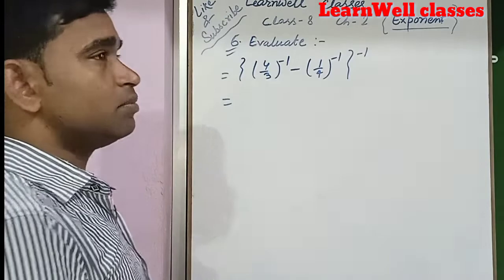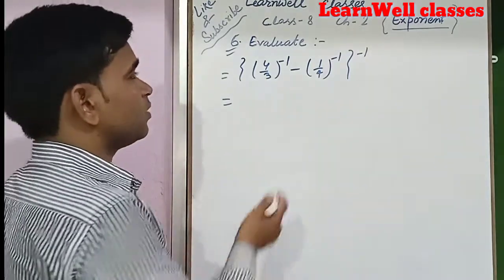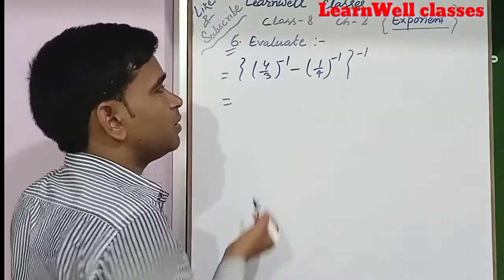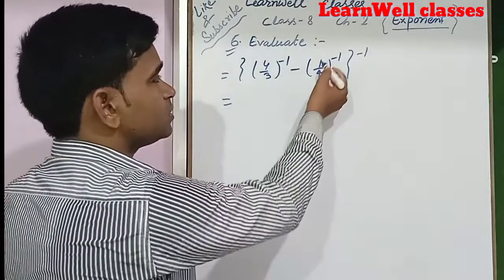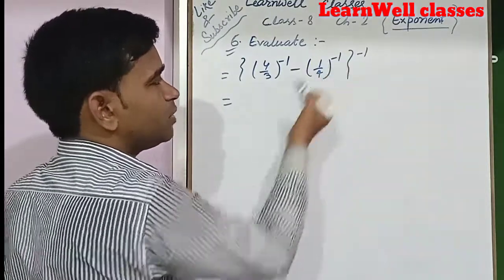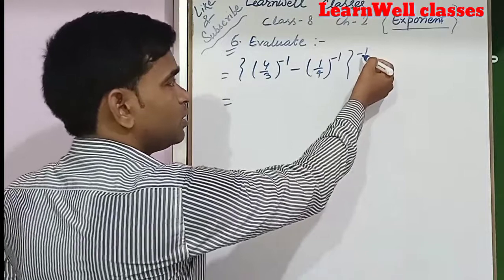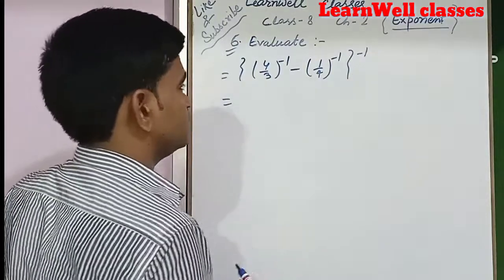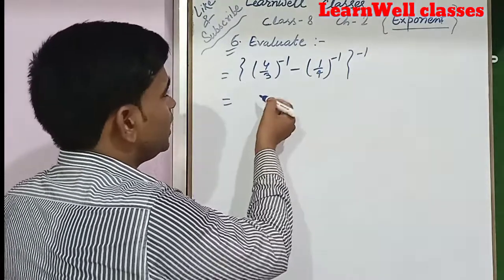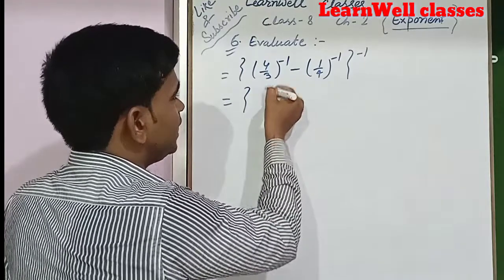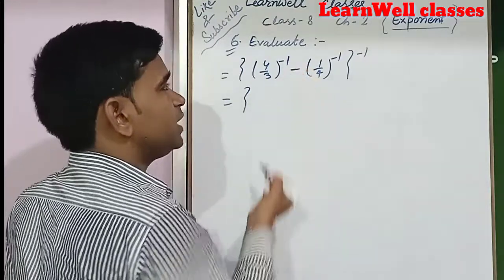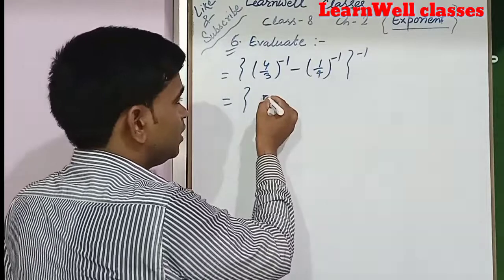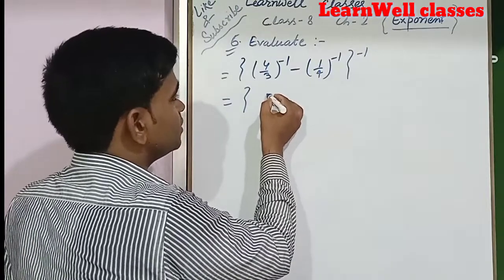We have question number 6: evaluate 4 upon 3 raised to the power minus 1 minus 1 upon 4 raised to the power minus 1, and whole raised to the power minus 1. When the exponent is in minus form, the fraction will be reversed.